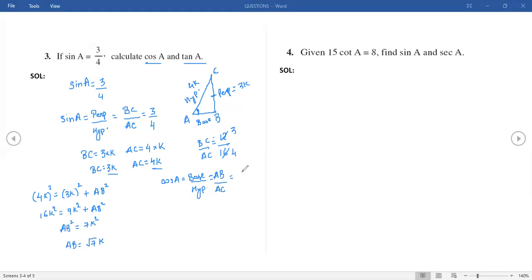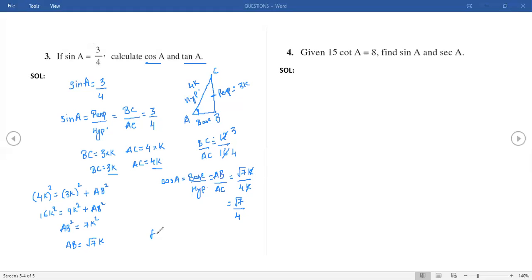AB, as we have found out, is root 7K, and AC is 4K. So this K gets cancelled and you get root 7 by 4. As I told you, K in the ratio does not play any role. It automatically gets cancelled. If you had solved directly by taking the values 3 and 4, you would also get the same answer.